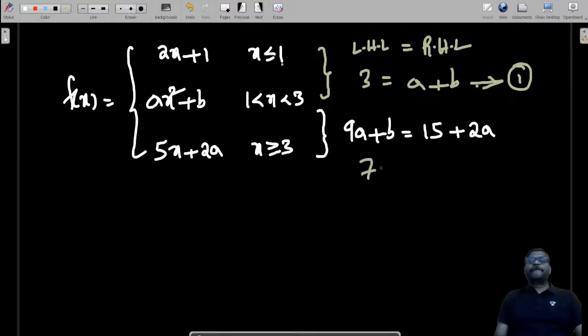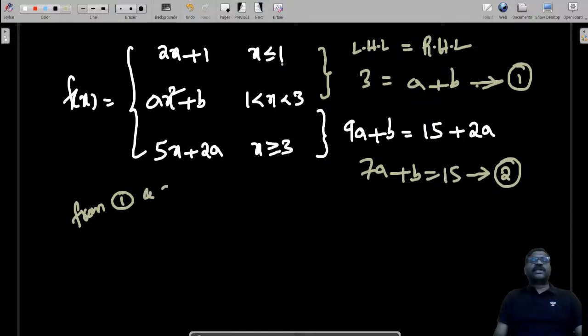Seven a plus b equal to 15. Called it equation 2. From 1 and 2, we can conclude that a is 2, b is 1. Finally, a is 2 and b is 1.